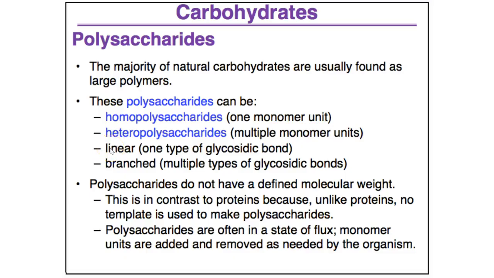Another characterization is that they can be linear, joined by one type of glycosidic bond, or they can be branched, which has multiple types of glycosidic bonds. And as far as polysaccharides, the monomer units are added and removed as needed by the organism.